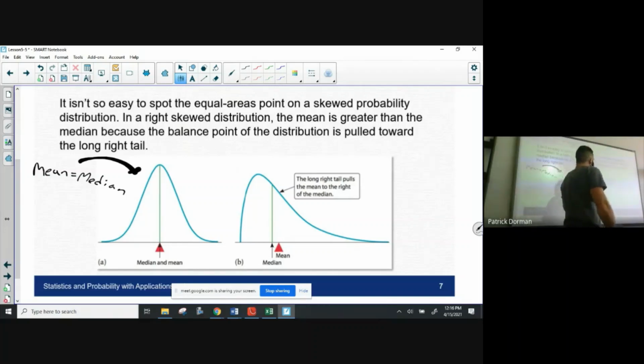If the distribution is not symmetric, you're going to find a tail on it, right?